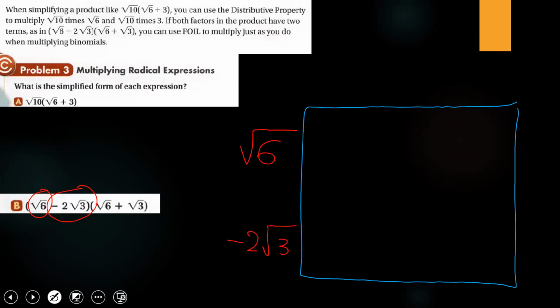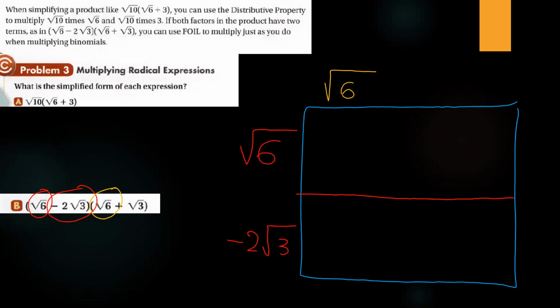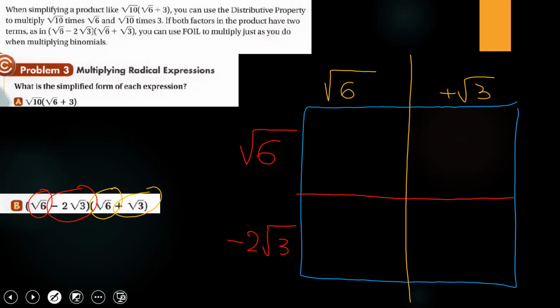Write the two terms in a row here. The second term, we have square root of 6 plus square root of 3. Let's now rewrite them down.